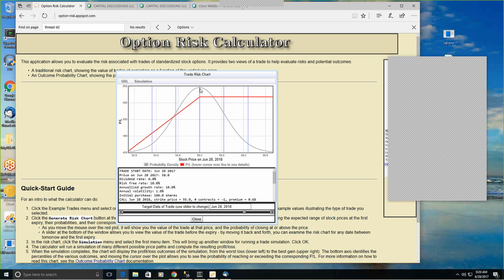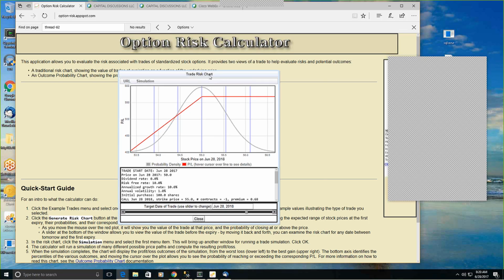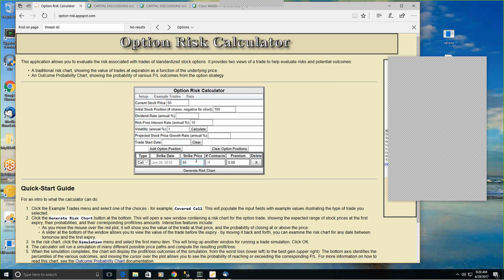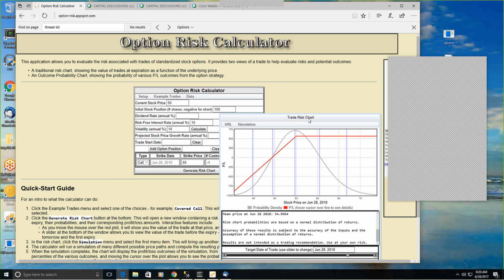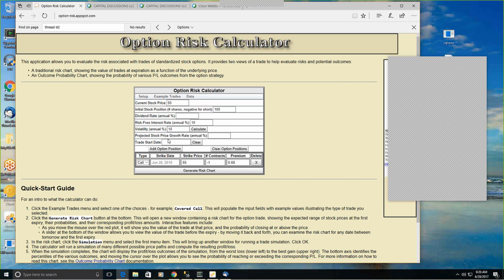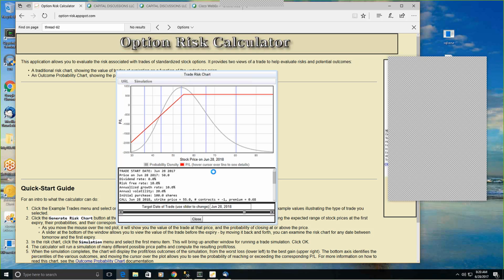And we're going to see that here, the median is now at 55. And if we go back to a higher volatility, the median is now a little bit less. Back to the 20% we started with. The median is now around 53 or 54.